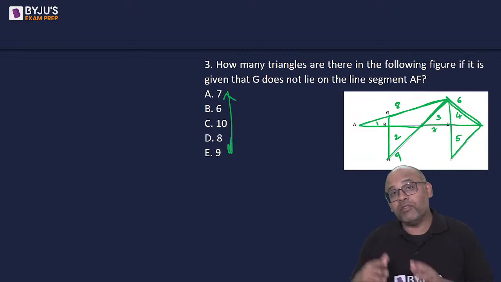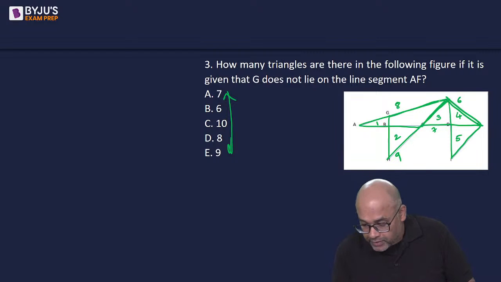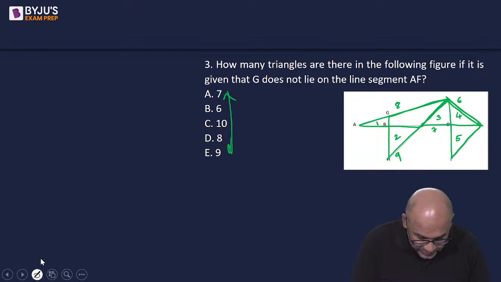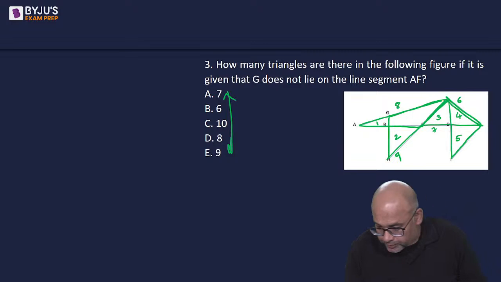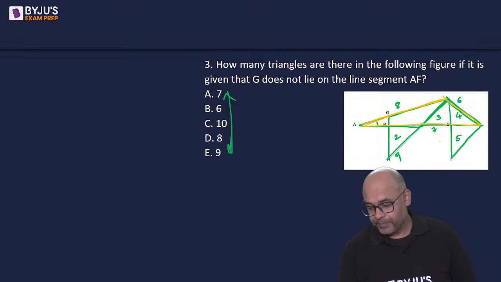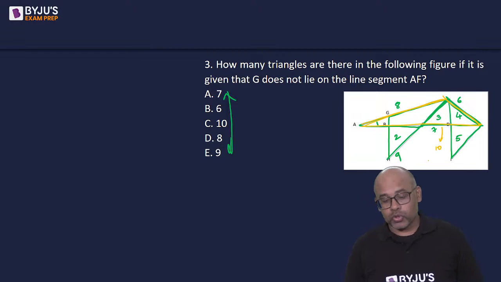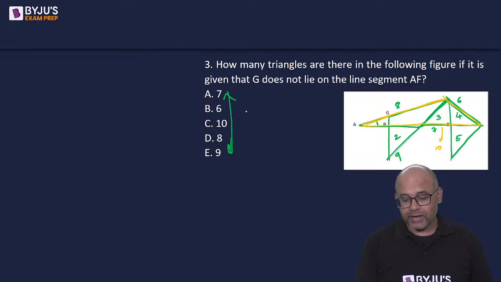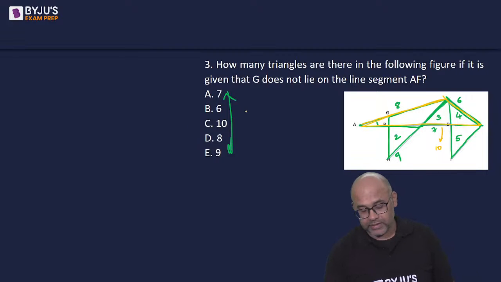Now I will go for more than 2 triangles. Look at this. I'll change the color so that you follow. 10. So totally there are 10 triangles and that is your answer.